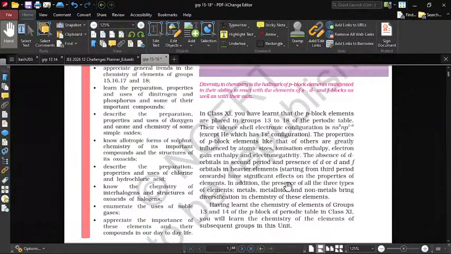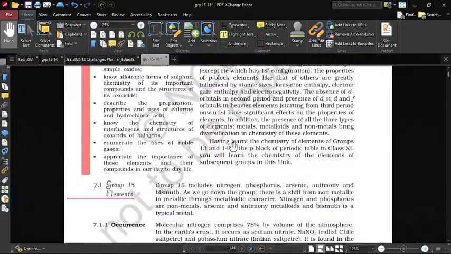In addition, the presence of three types of elements, metal, metalloids, and non-metal, bring diversification in the chemistry of these elements. Having learned the chemistry of elements of groups 13 and 14 in p block of periodic table in class 11, you will learn the chemistry of the elements of subsequent groups in this unit.